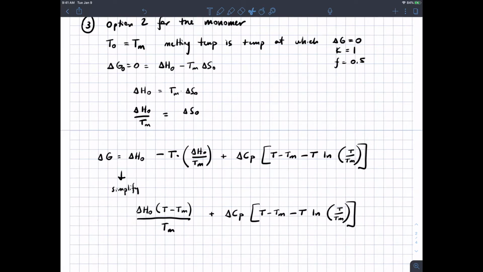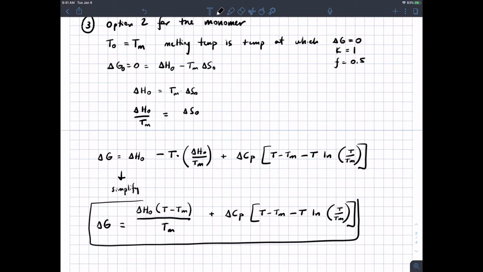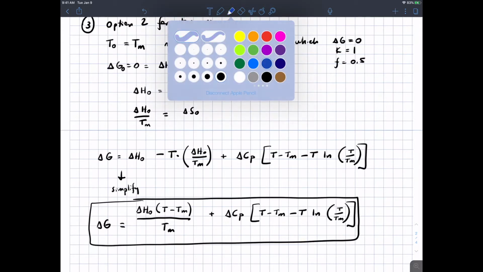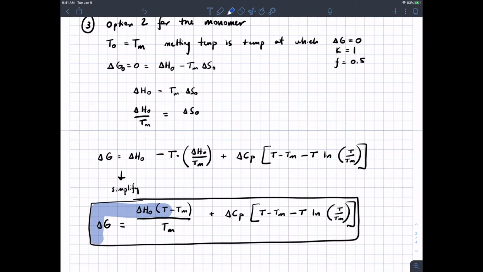And so for our monomer folding, unfolding equilibrium, this is our thermodynamic expression. The nice feature of this version is that instead of having to fit an entropy point, you get to fit the melting temperature, along with enthalpy and heat capacity.